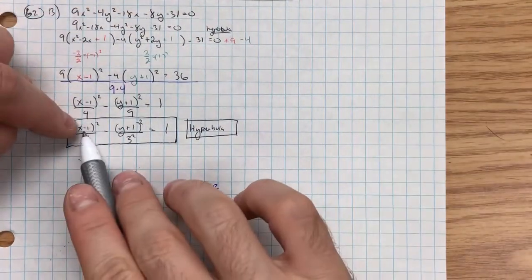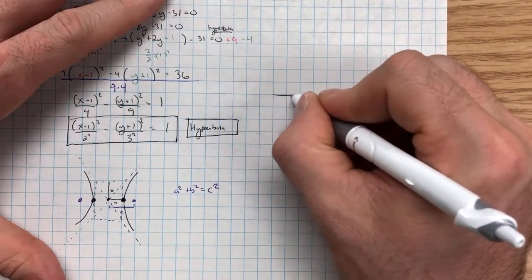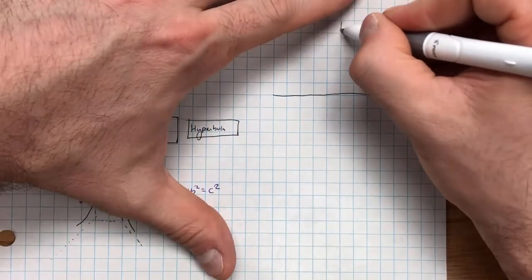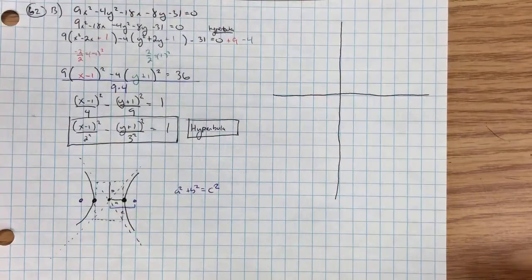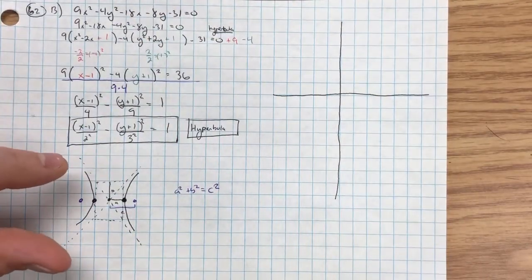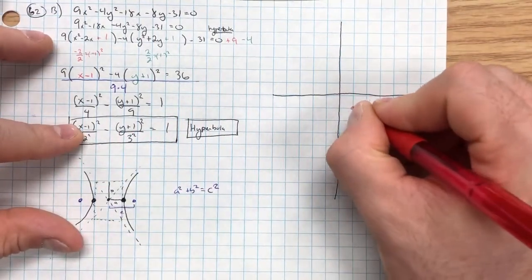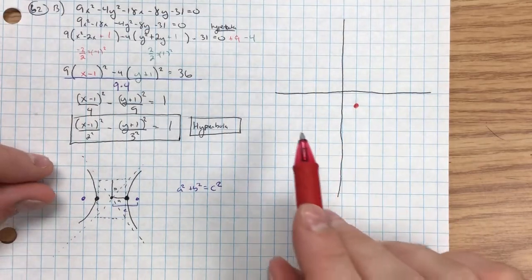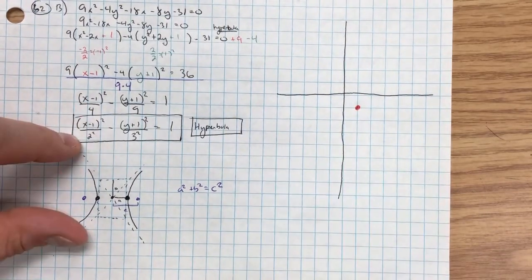Okay, so I'm going to be moving this to the right one and down one. Horrible axis yet again, but we're going to go with it. So my center in this case is going to be right one, down one. I know my A, which is my left-right span, is going to be the square root of that, which is 2.